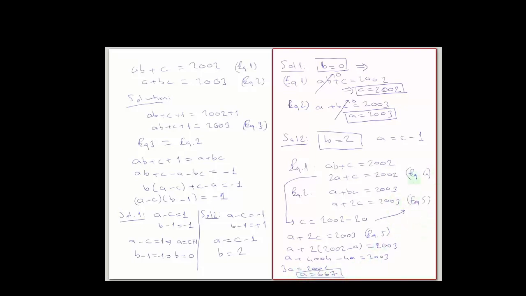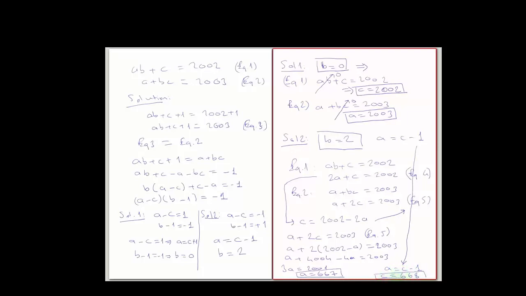And from here we already know that A is equal to C minus 1, then C is equal to A plus 1, and it is equal to 668.